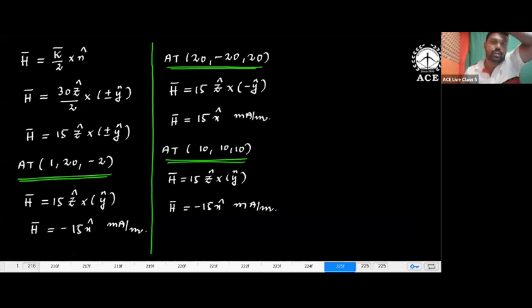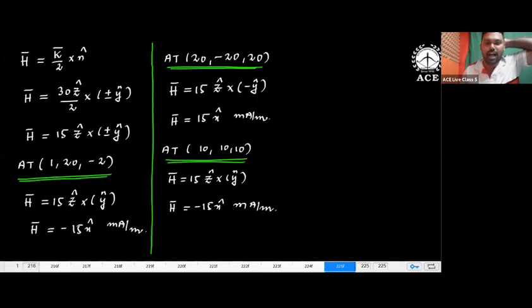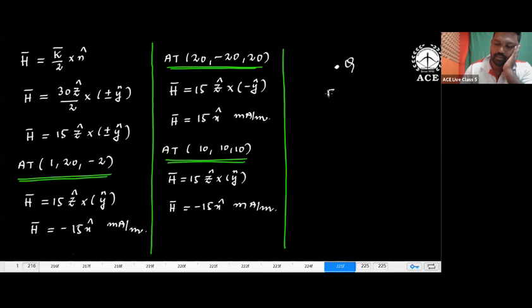Yes. At 0, 0, 0, it is not defined. One of your friends is asking, what happens at 0, 0, 0? On the sheet, it is not defined. Isn't it? Magnetic field is not defined on the conductor. Electric field is not defined on the charge. For example, if you have a charge Q, what is the electric field?